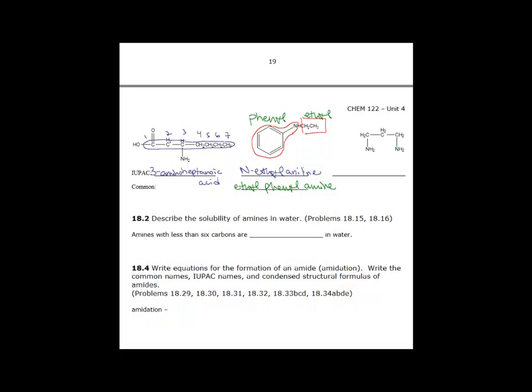And the amino group is coming off of which carbon? The alpha, beta, or gamma carbon. It will be coming off the beta carbon. Yeah, just practice.